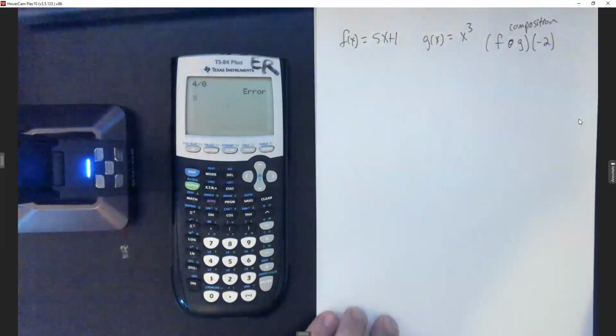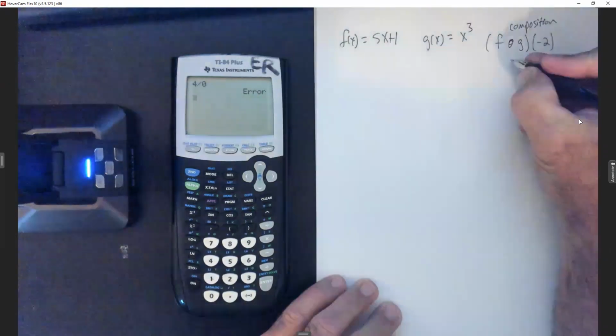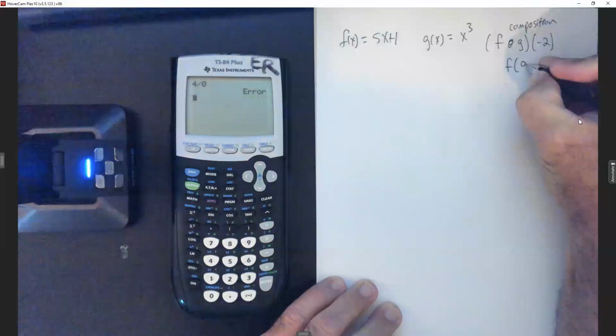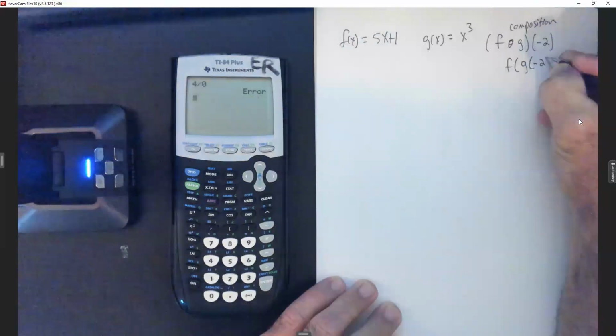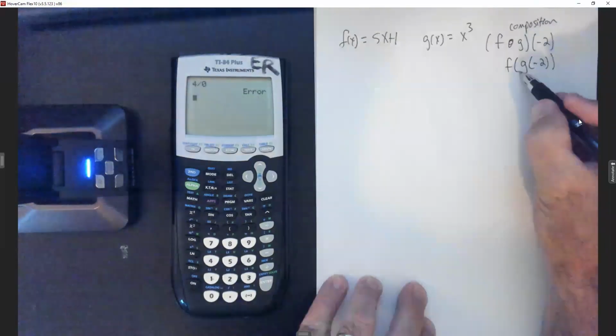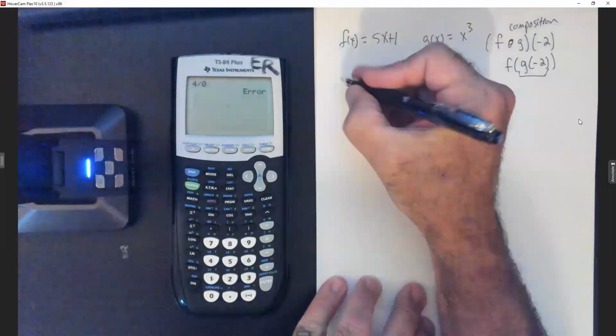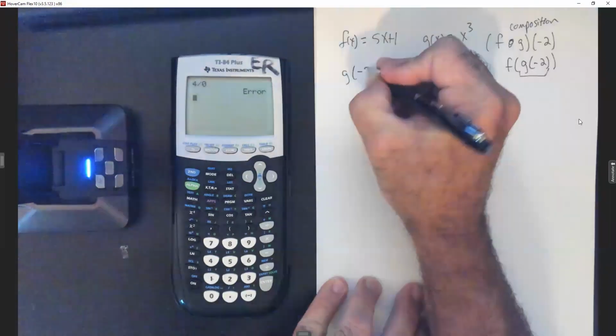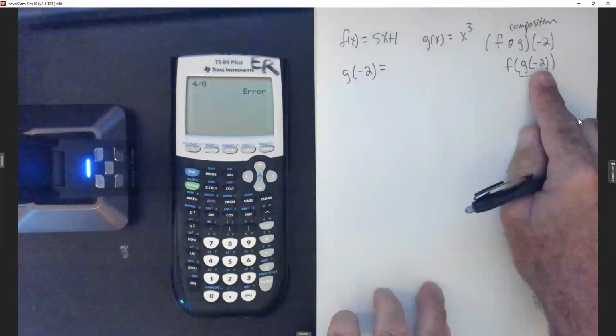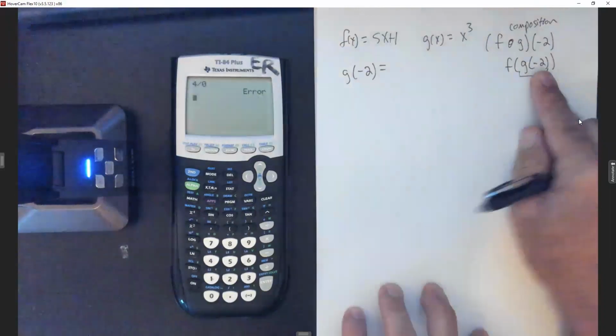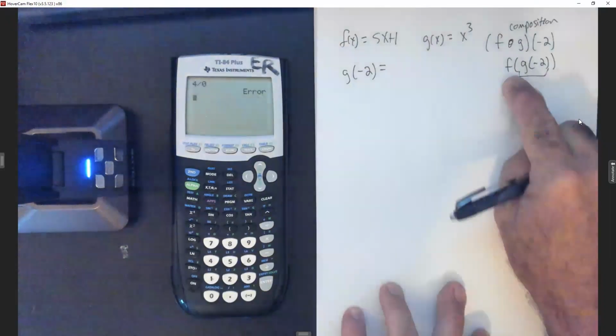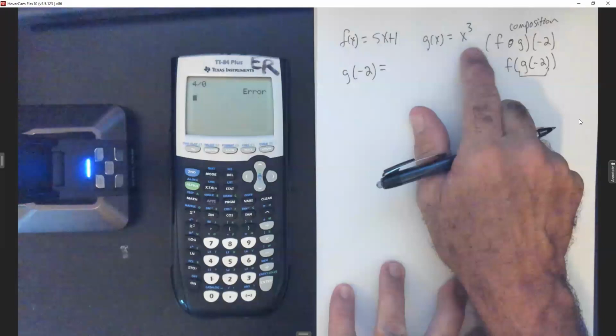But remember, this really means f of g of a negative 2, which means you're first going to find what g of negative 2 equals. Once we figure out what g of negative 2 equals, we're going to put that into the f. So g of negative 2 will be the g equation, x to the 3rd.